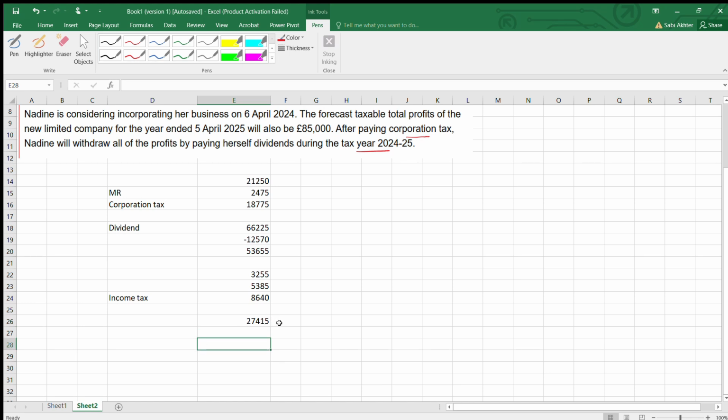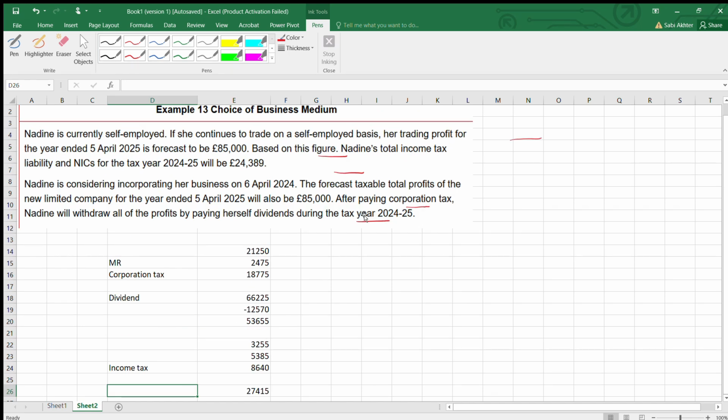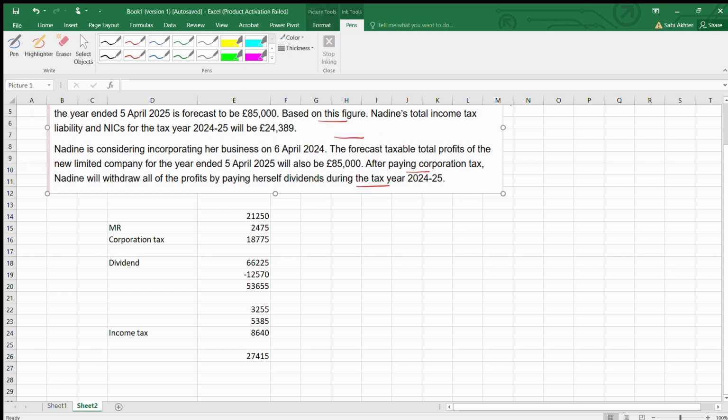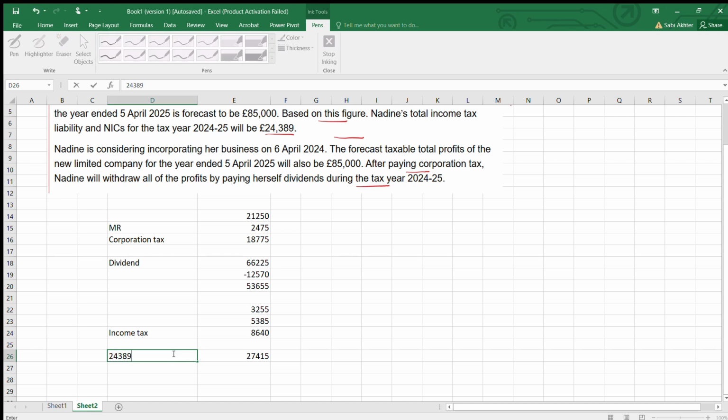Here they have given you 24,389. It's here. So this is if he works as a sole trader, and this is if he works as a company.